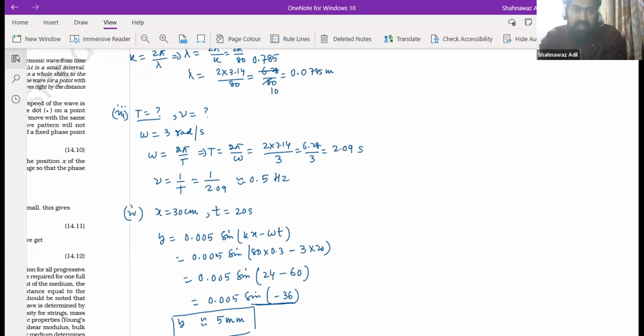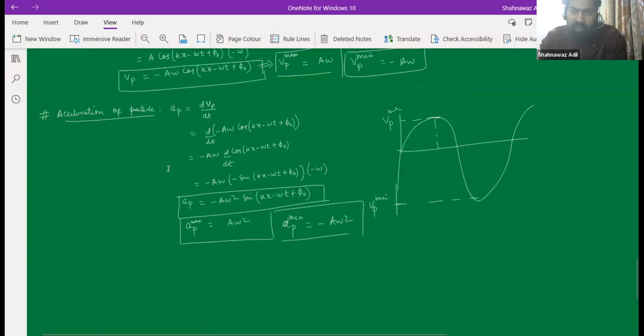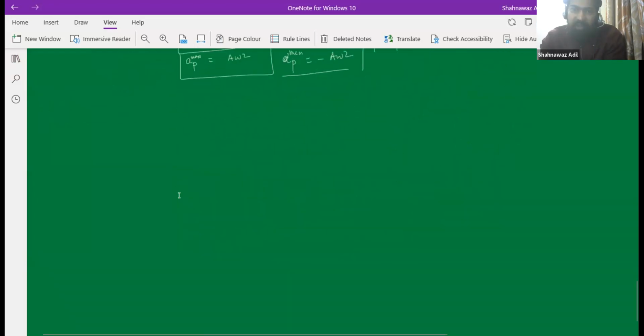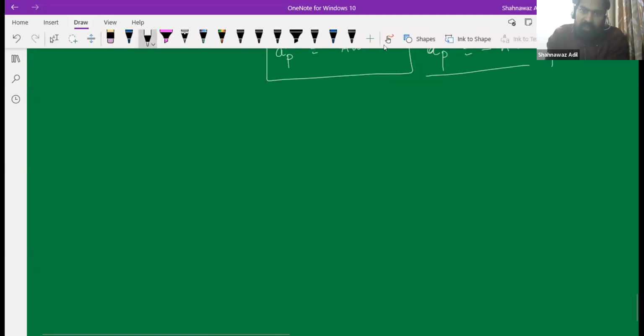Now let us understand the speed of different kinds of waves. The first one is the speed or velocity of a transverse wave in a stretched thread or string.